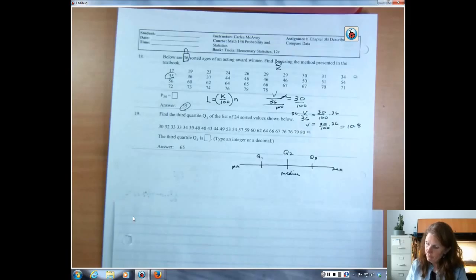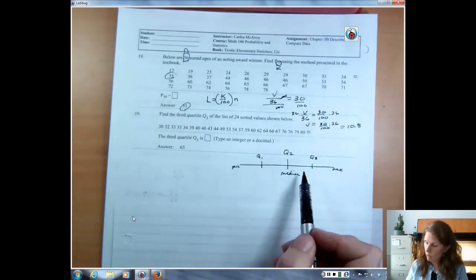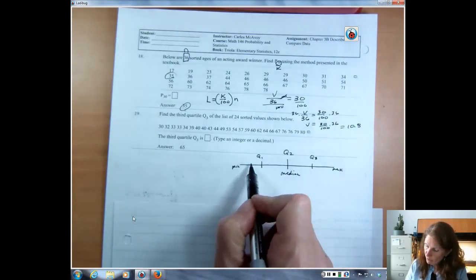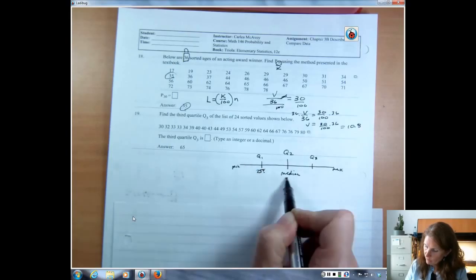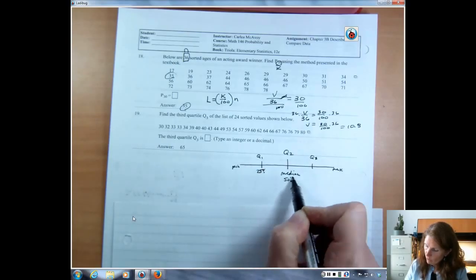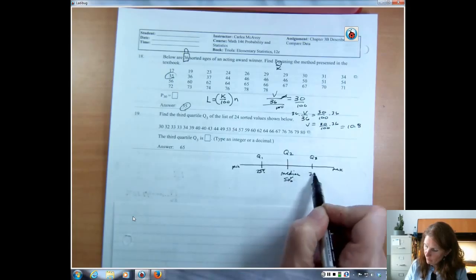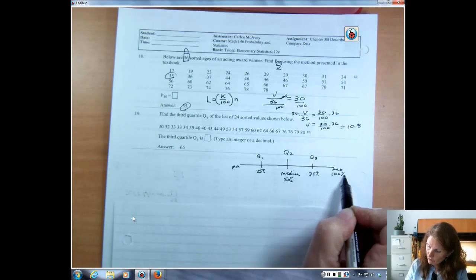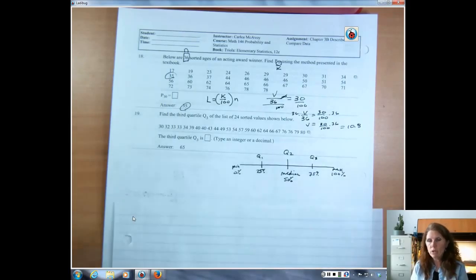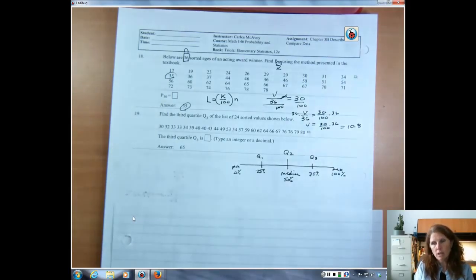That is dividing your data up into 4 equal parts. So there's 25%, this is at 25%, the median is 50%, the quartile 3 is 75%, and then your maximum is 100%. Over here you have 0%. So that's just a way, a quartile of 3 just is 75th percent.